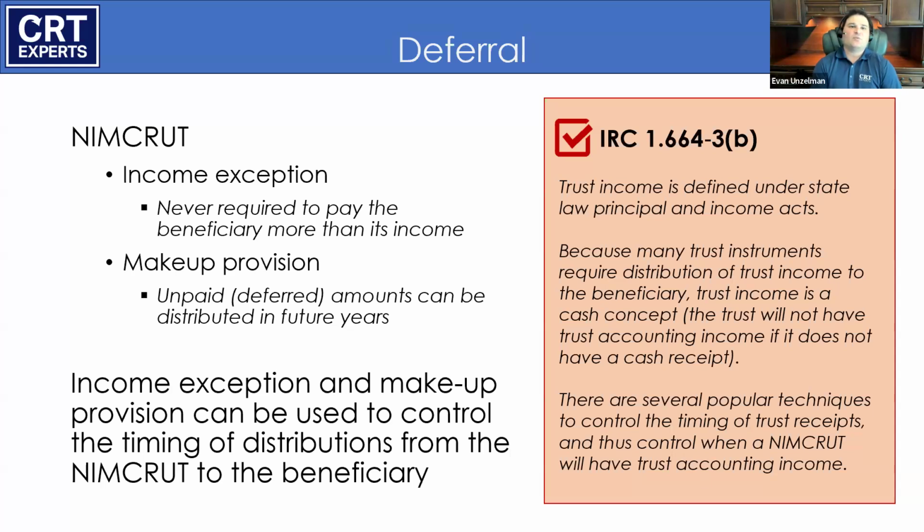It's using what's often called a container to house the NIMCRUT's investments, and then that container, whether it's an annuity, a partnership, or an LLC, will distribute cash to the NIMCRUT when income is desired, and that receipt of cash is what's triggering the trust accounting income.